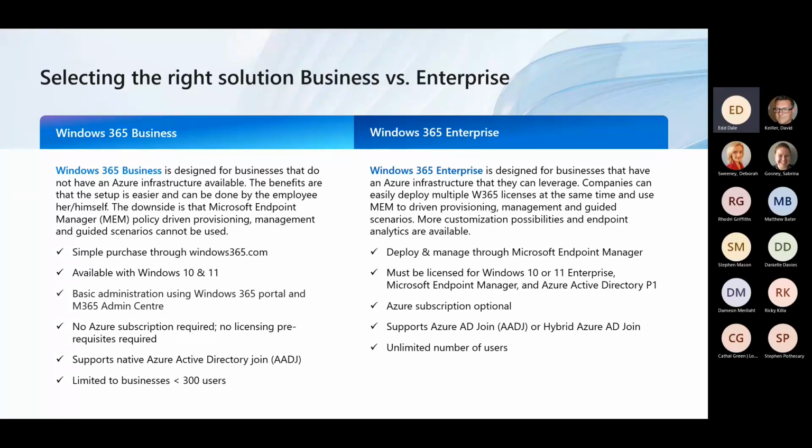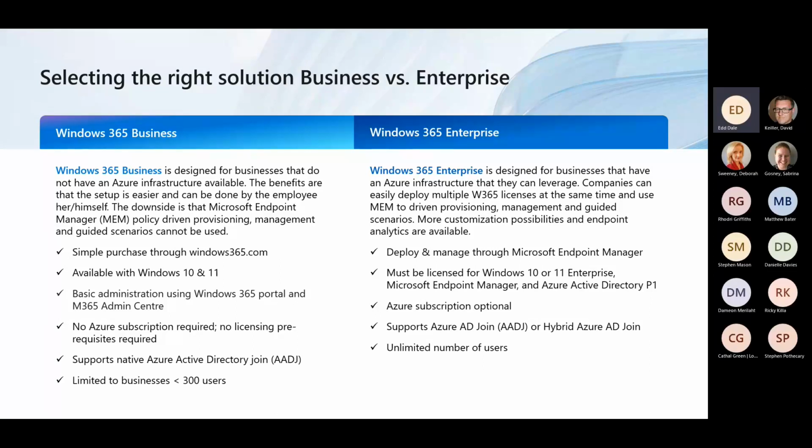But again, let's not take anything away from Windows 365 Business. The fact that it's designed to be simple to get started with. You can choose your OS, whether you want it to be Windows 10 or Windows 11. The administration portal has been simplified. Effectively, it's just a bunch of sliders. So it makes it very quick and easy to manage. And it does support native Azure Active Directory join as well.